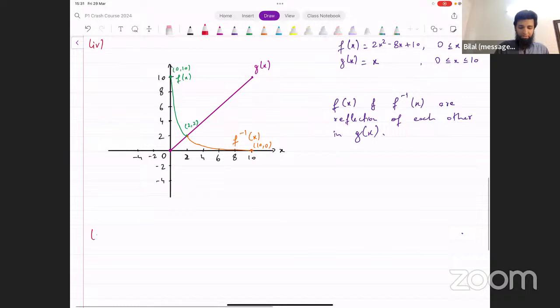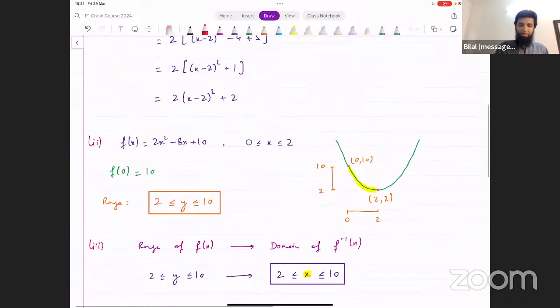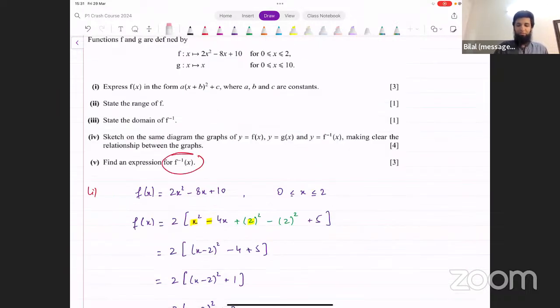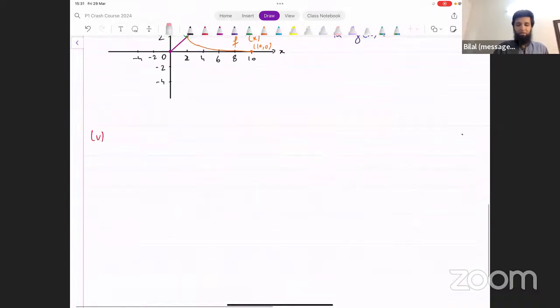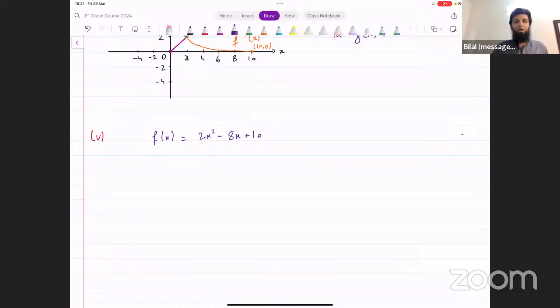Now it says, find an expression for f inverse of x. So now we have that function f of x. Let me write that down here. F of x is 2x squared minus 8x plus 10. How do you find inverse of this function? Remember, the first thing you have to do is complete the square.